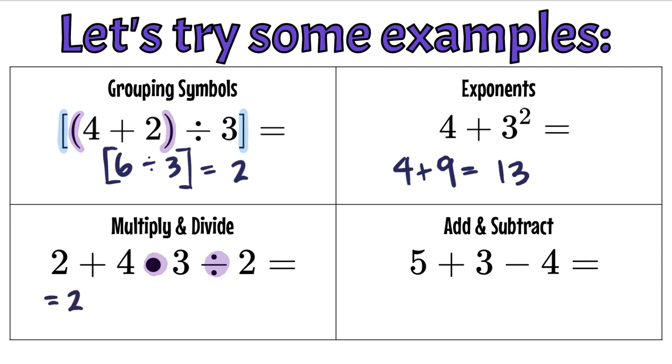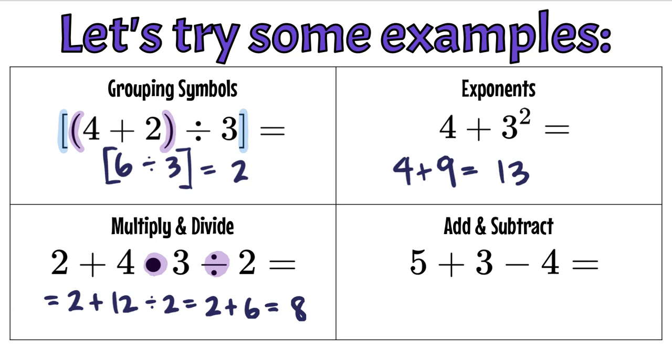So rewrite 2 plus, and then we're simplifying 4 times 3, which is 12, and then we're going to rewrite our division by 2. Then we're going to simplify next our division, right? Multiplying division is first before addition. So we're going to rewrite our 2 plus, and then we're going to divide 12 by 2, which is 6. So now we have 2 plus 6. Now we can simplify our addition and we get 8.